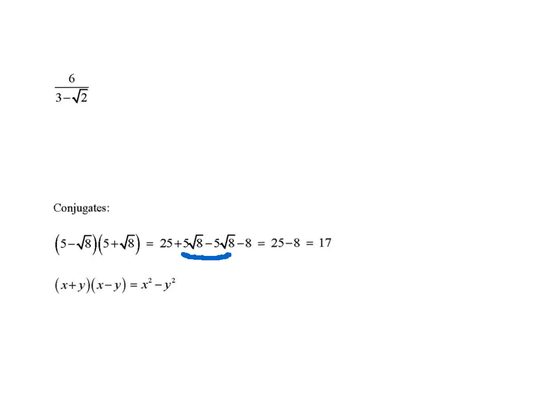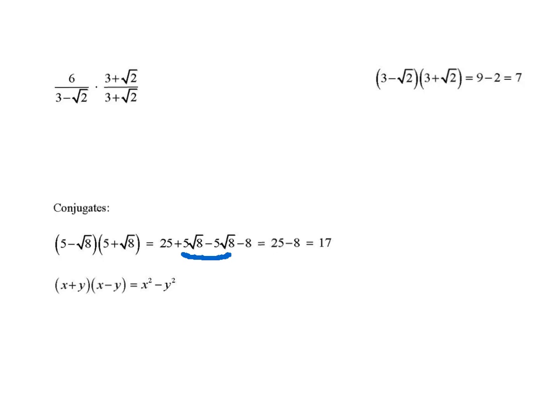So we're going to use this idea to simplify our fraction. So the thing we want to multiply by is the conjugate of the denominator over itself. Let's go off to the side and see what the denominator is going to turn out to be. 3 minus root 2 times 3 plus root 2 will give us 9 minus 2.